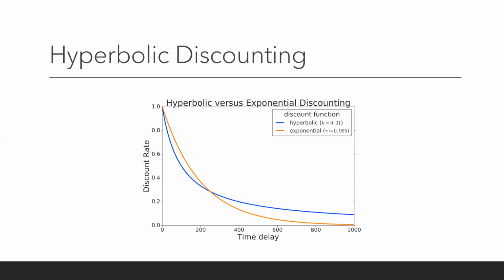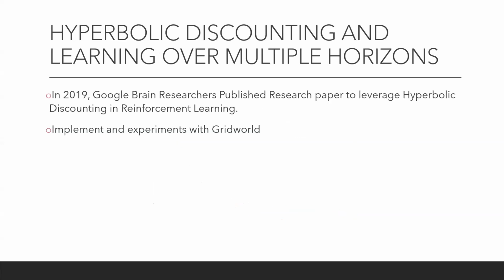Traditionally it's exponential discounting, but in 2019 Google Brain researchers developed a research paper to leverage hyperbolic discounting in reinforcement learning.